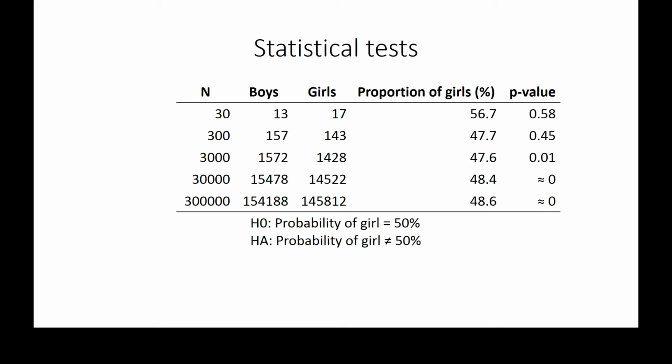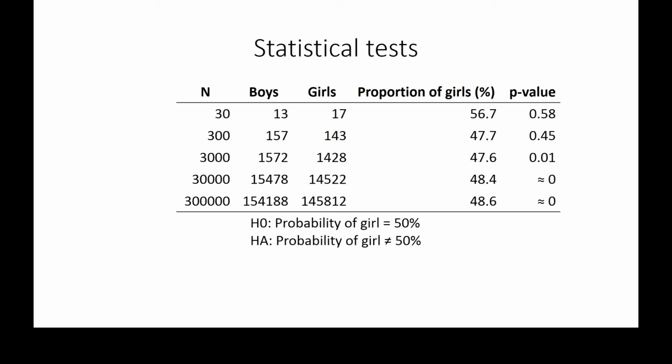We can do the same for the other situations, and we get these probabilities. Focusing on the bottom row first, we see that the probability of observing 48.6% or fewer girls in a sample of 300,000 is almost zero under H0. This includes the probability of observing 48.6% or fewer boys.